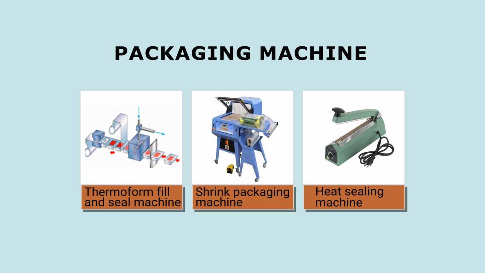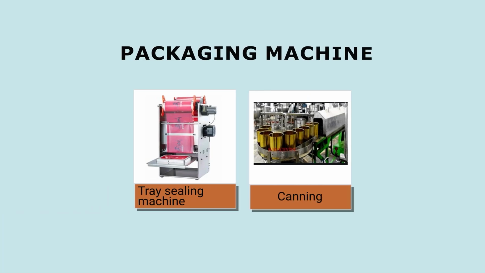First you can see which is used for the sealing of the plastic packages. Then you can see the tray sealing machine which is used for the sealing of the trays. Then you can see the canning machine, that is for the retort packaging. Cans or retort pouches can be packed in the retort packaging system. So these are all about the packaging techniques and the packaging machines.